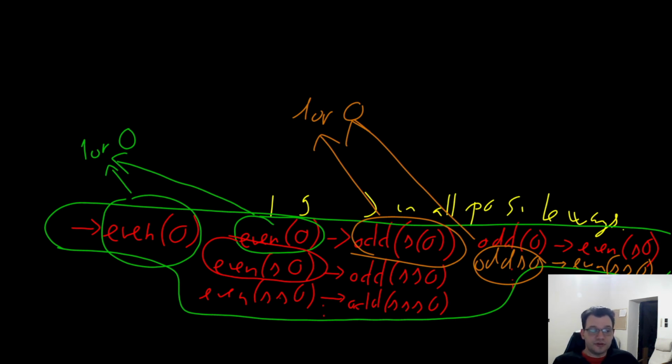So odd of s of 0 has some value, but it doesn't necessarily have any connection to the even of s of 0. So odd of s of 0 is quite independent from even of s of 0. In your head, these might be the complements of each other. A number is either even or odd.